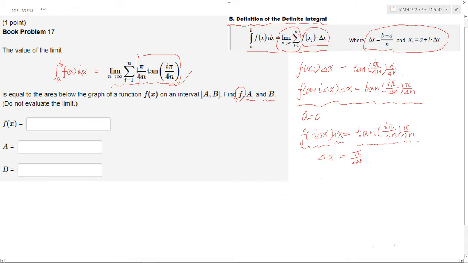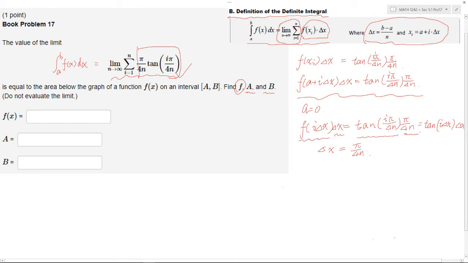Now the right side becomes tangent of i delta x times delta x. On the left side we have f of i delta x times delta x, and here is tangent of i delta x times delta x. So we can see f of x equals tangent x.